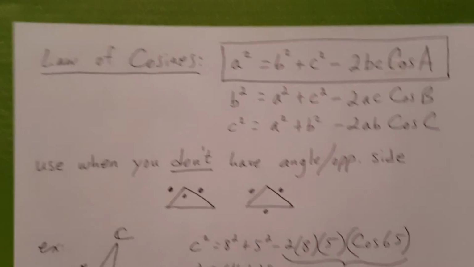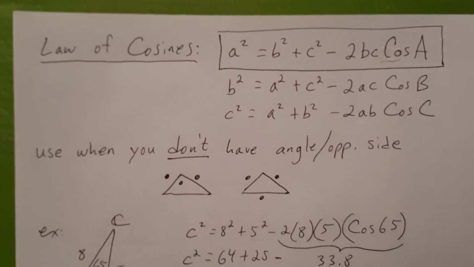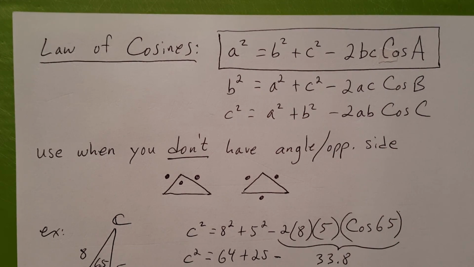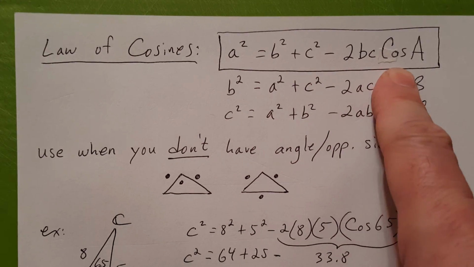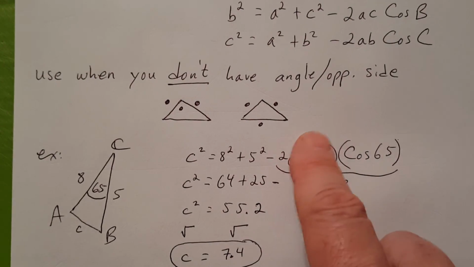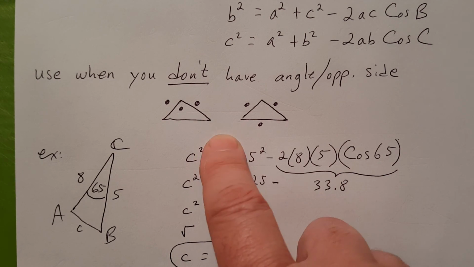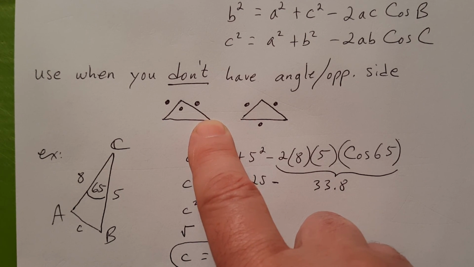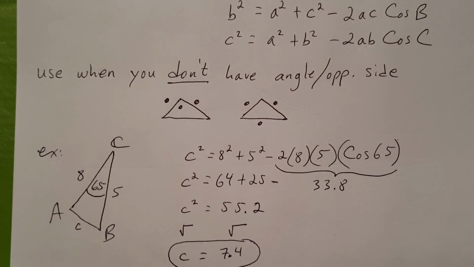Then the next page we talked about the law of cosines. It looks like three different ones, but it's actually the same exact one depending on which information is given to you from the start. The important thing is you use the cosine law when you don't have an angle and opposite side, one of these situations.